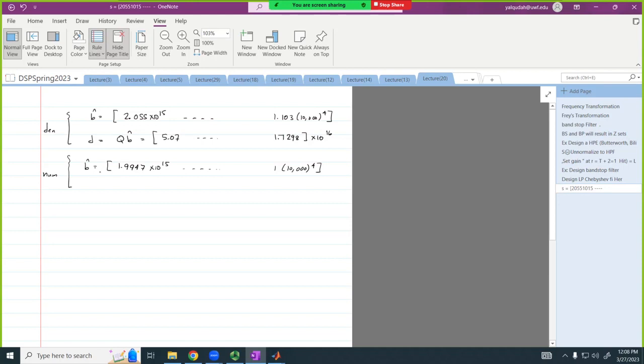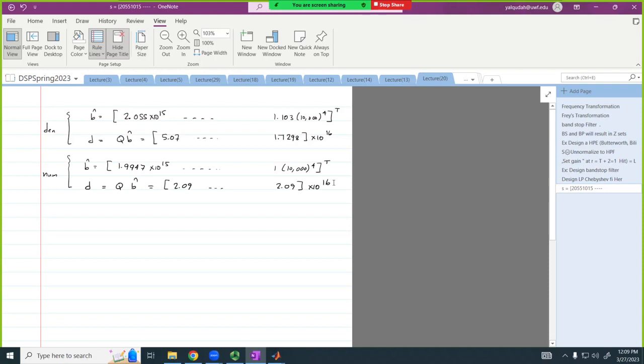Now all these are transposed when you multiply them. Everybody knows that. You cannot multiply 5 by 5 with 1 by 5. So you can write transpose here if you like. This is going to be 2.09 times 10 to the power 16.